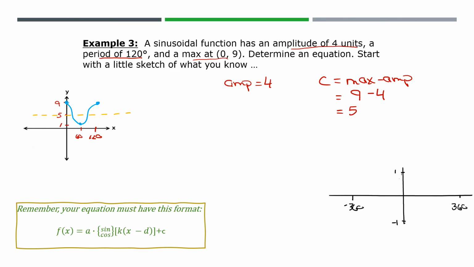I'm drawing cos, so there's a maximum at 1. There's a maximum at 360, there's a maximum at negative 360, so there's a minimum halfway between. So here's my parent graph of cos.